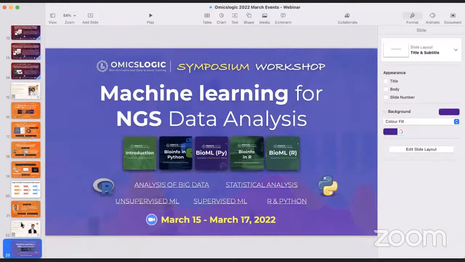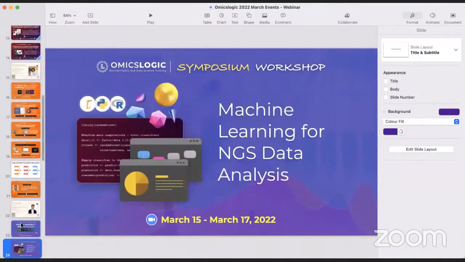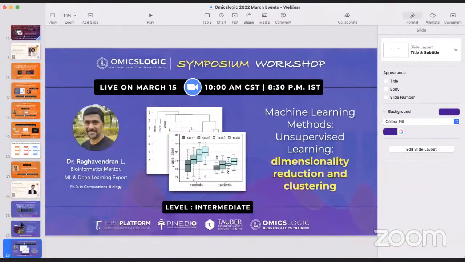And in this short workshop, which is from 15th of March to 17th of March, we will cover important topics which are actually applied in many projects that we do and many student projects that come across.